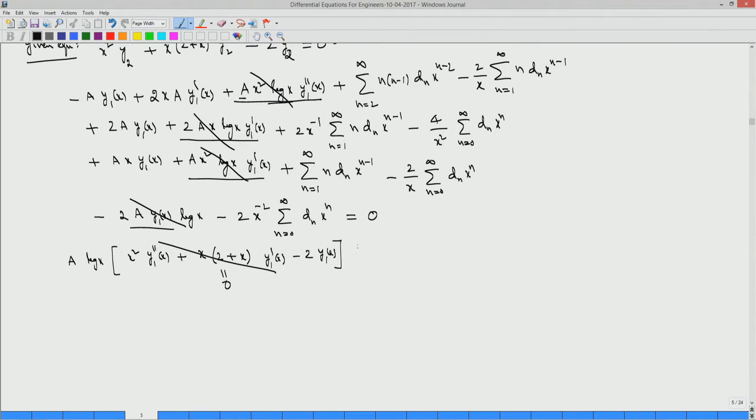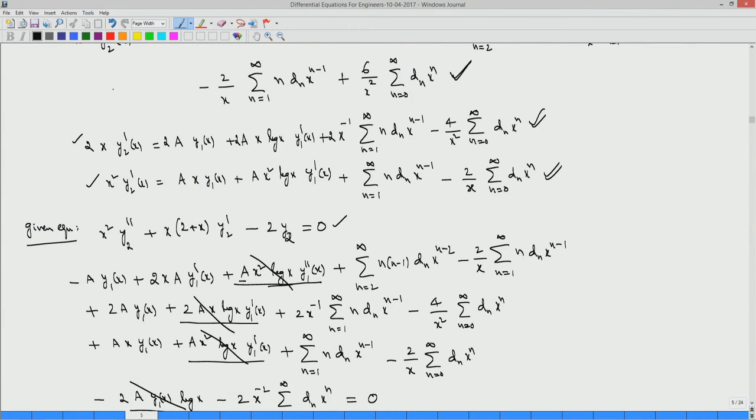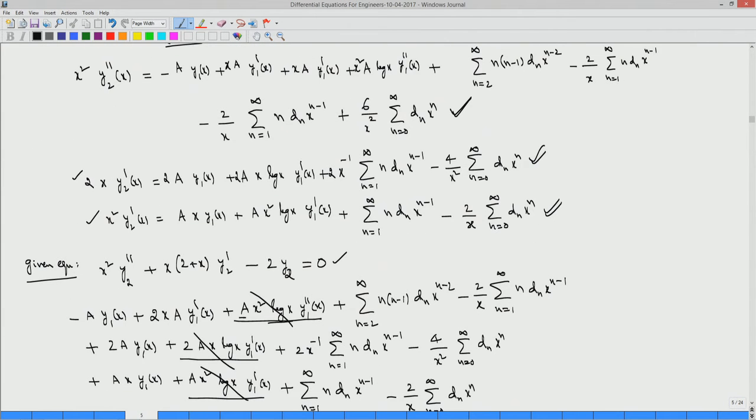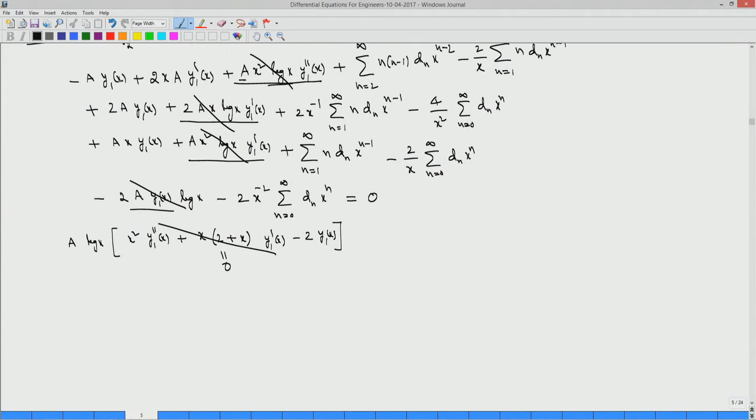What is left here is minus a y1, okay, minus a y1. So, you can write minus a y1 of x, and then 2x a y1 dash.